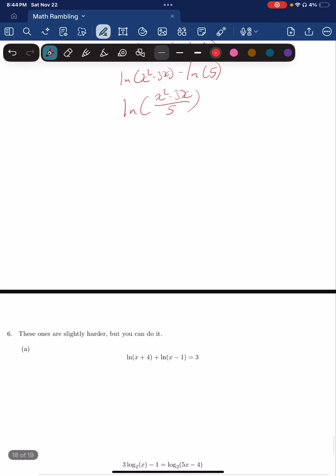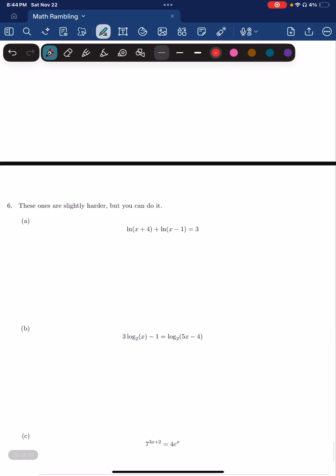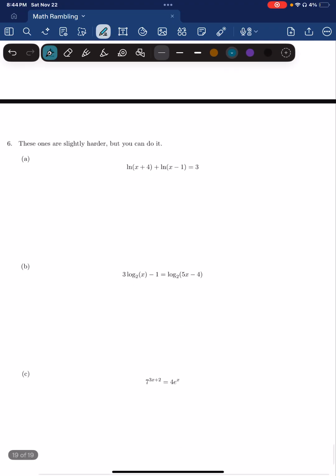All right. These ones are slightly harder, but you can do it. Thank you. I think I can do it too. Oh, I have to solve them. Okay. Oh, okay. I don't think this is going to be horrible, I think, to do.